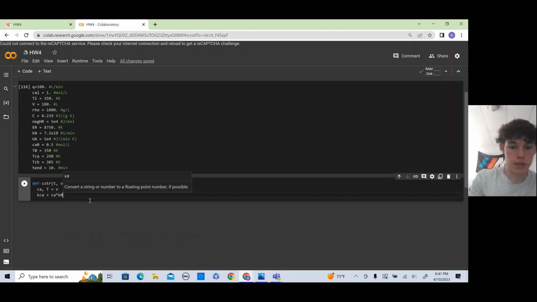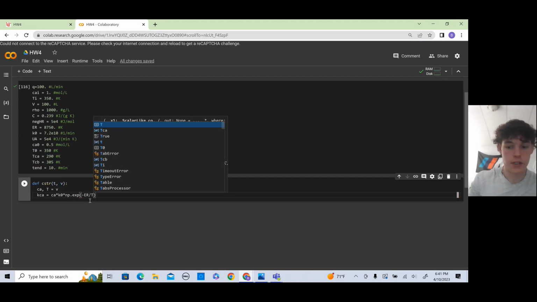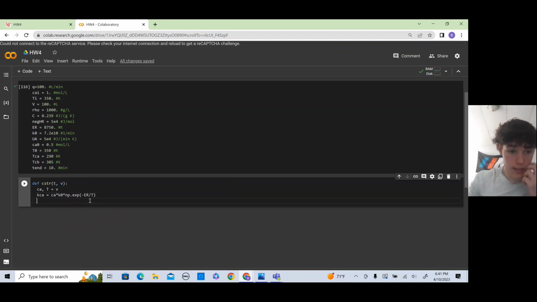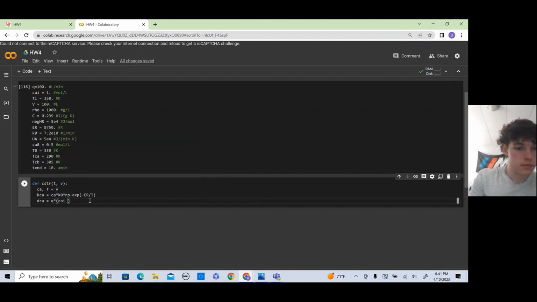And this will be multiplied by our exponential function of our negative ER divided by our temperature. And then to get our change in concentration, or that dCA, that would be Q times our concentration coming in minus our concentration of the tank because it's well mixed, perfectly stirred.